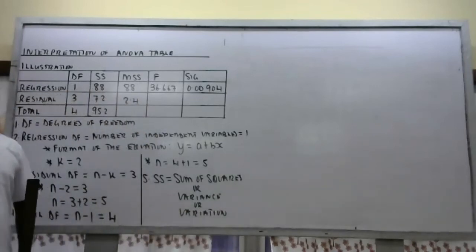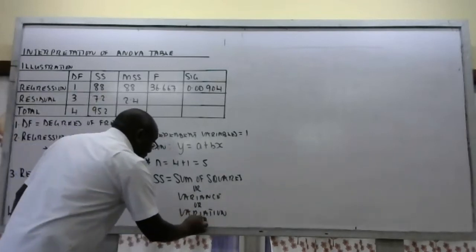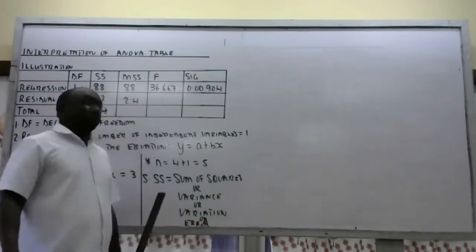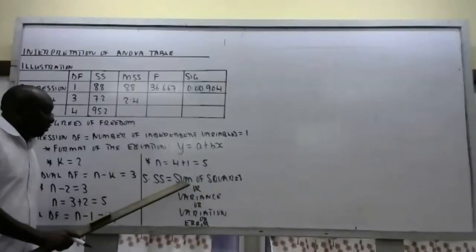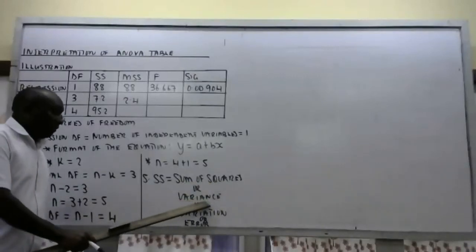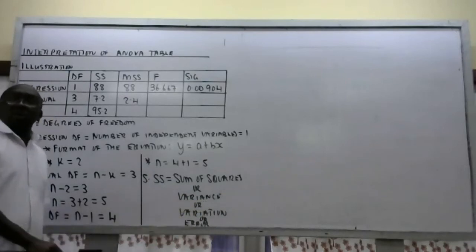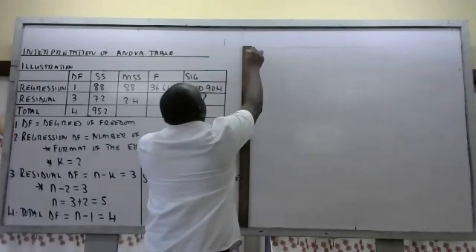In our notes, we have been using the word variation more. Or you can also call it error. So when you see this SS, it means sum of squares, which you can also call variance or variation or errors.